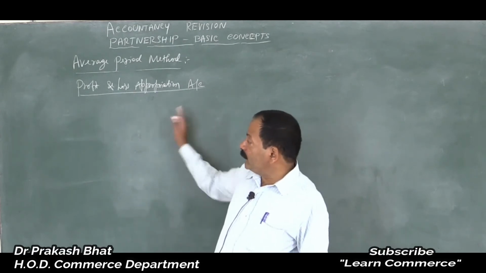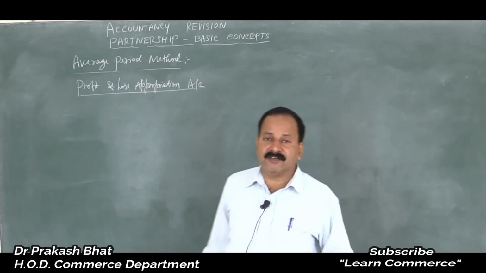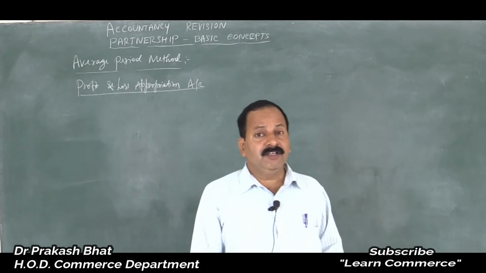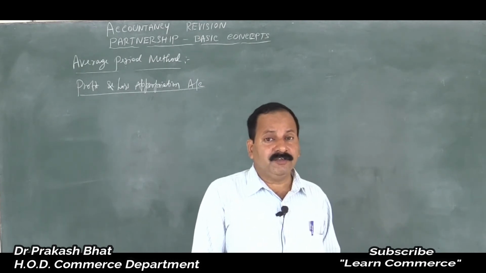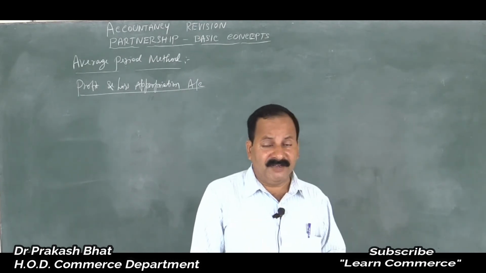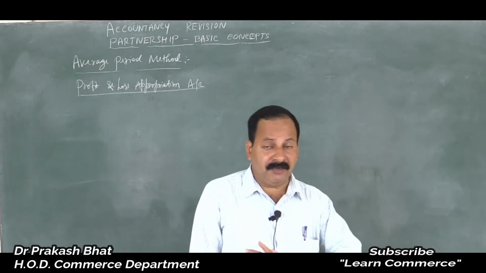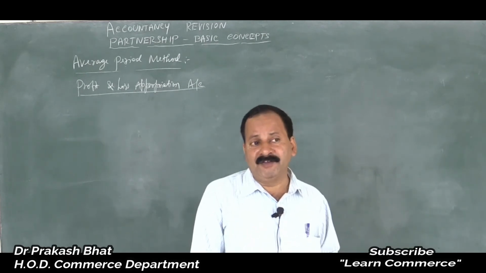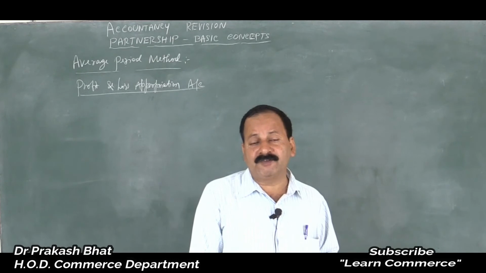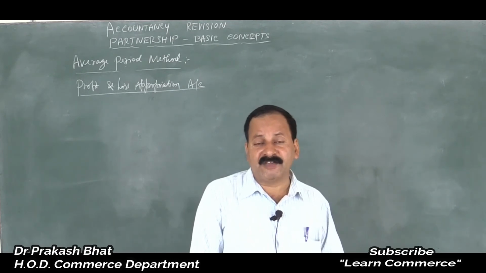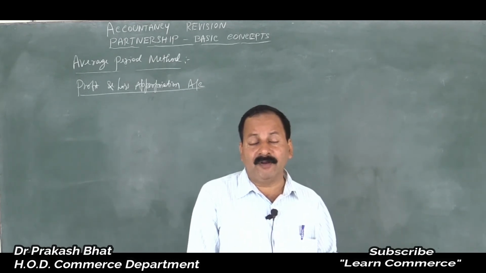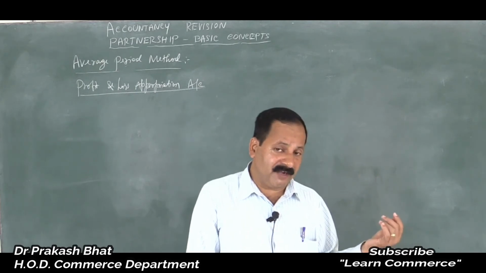Remember, it is the firm's account and not partner's account. So make sure it is prepared on behalf of the firm. Like partner's capital account, we will write whatever is to be payable to them on the credit side, and whatever is to be recoverable from them on the debit side of their account, right?